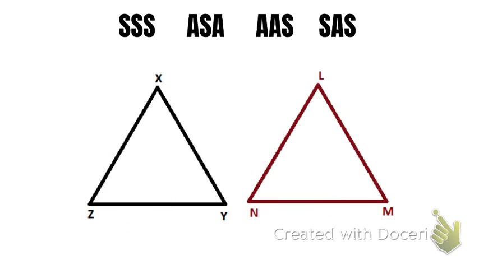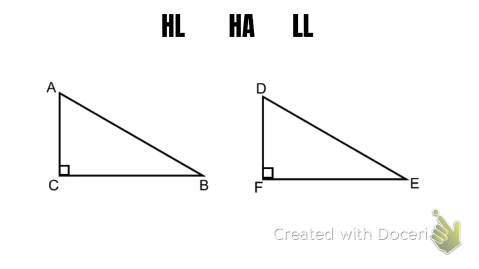Now, if you have right triangles, you only have to show two things are congruent because they're already giving you that these angles are congruent, that these angles are 90-degree angles. So if they show you a picture like this, you can use one of these theorems.